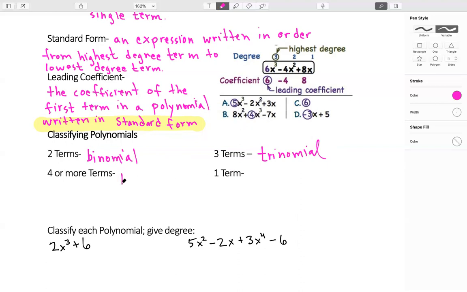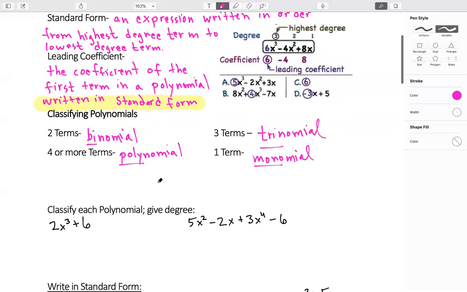Four or more terms, we just throw in the polynomial group. And tri means three, bi means two, poly means many. One term is monomial, right? Because mono means one. Now, really all of these that have more than one term are really considered polynomials, but usually we call two-term polynomials binomials and three-term polynomials trinomials.